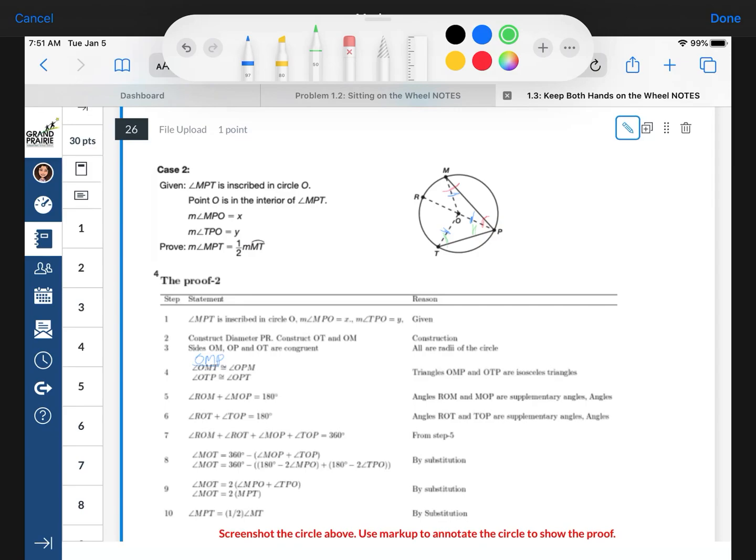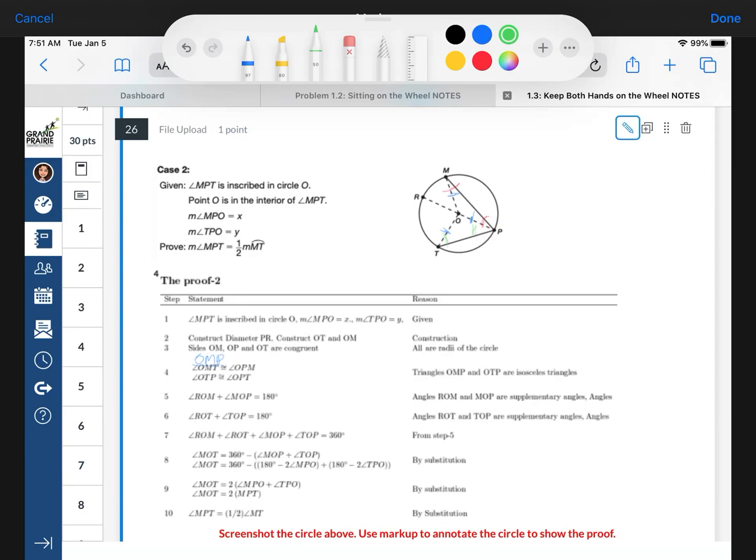If you want, pause this video to make sure you can locate those angles so you can follow along. So because of steps 5 and 6, we can say that angles ROM, ROT, MOP and TOP all add up to 360.